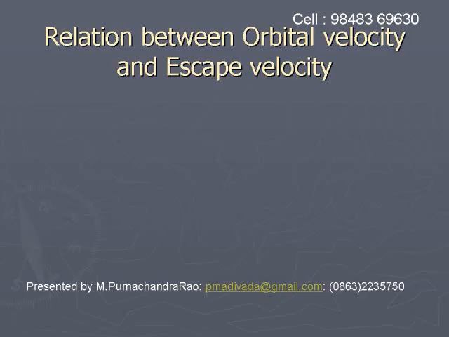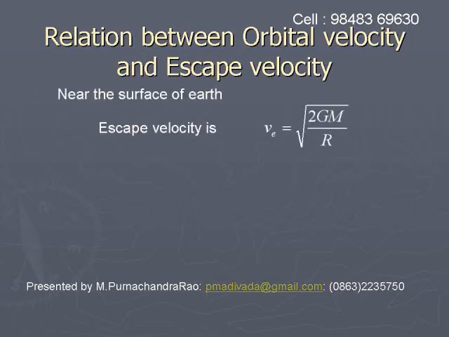Near the surface of the earth, escape velocity Ve is equal to square root of 2GM by R, and orbital velocity v0 is equal to square root of GM by R, in both cases capital R representing the radius of the earth.